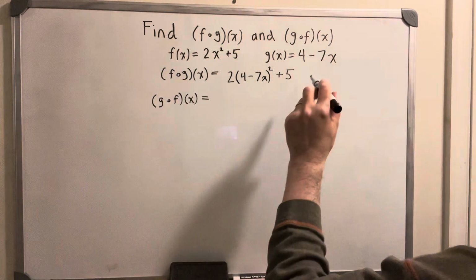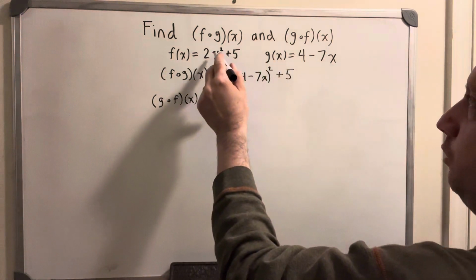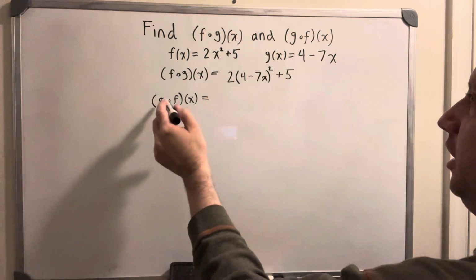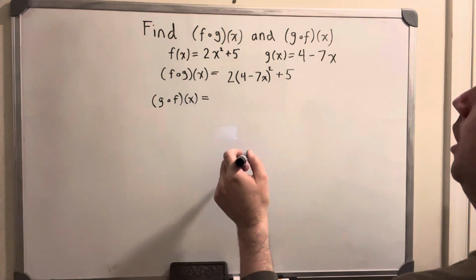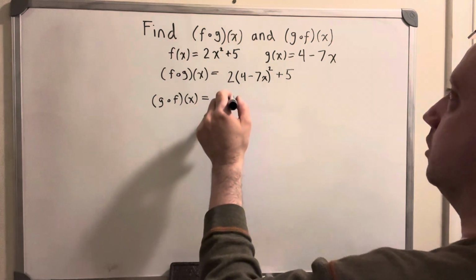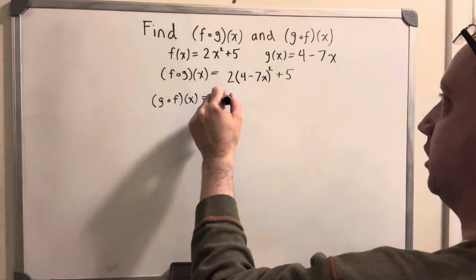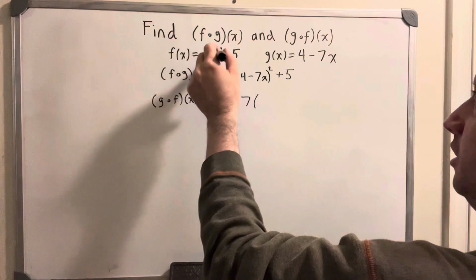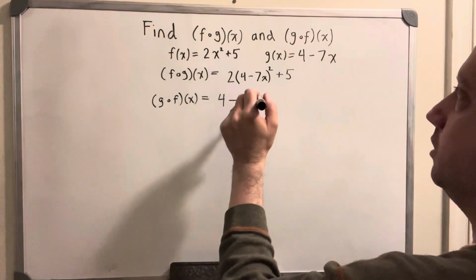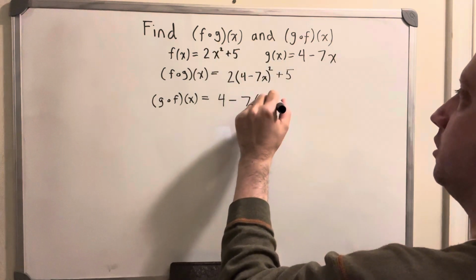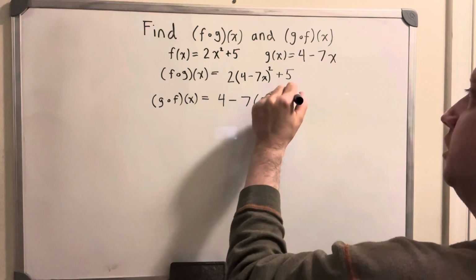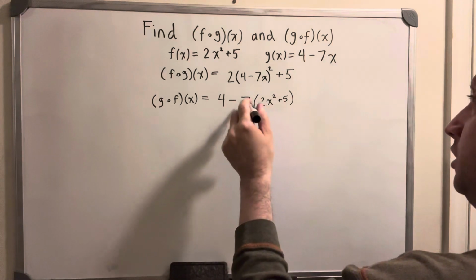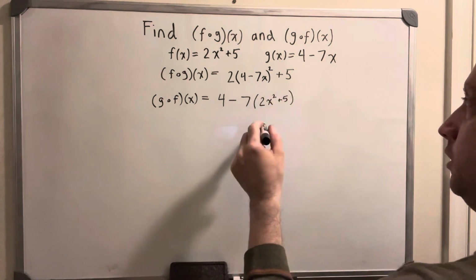Now I'm going to insert 2x squared plus 5 everywhere there's an x in the outer function. I'm going to start by writing the g of x first, 4 minus 7, and then x is 2x squared plus 5. Now this time, I'll go ahead and distribute the minus 7 over the 2x squared plus 5.